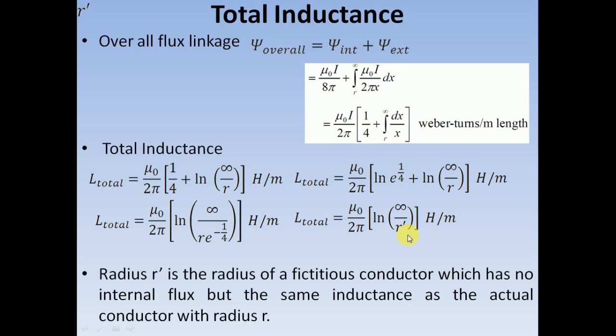That means the internal portion seems to be hollow, but with the same inductance value as that of an actual conductor with radius r. That is, this gives you the total inductance of a conductor with radius r. That can also be represented as the inductance of a conductor which seems to be hollow, without any internal flux linkage, having radius r dash. The significance of this r dash will come into picture in the upcoming video sessions.